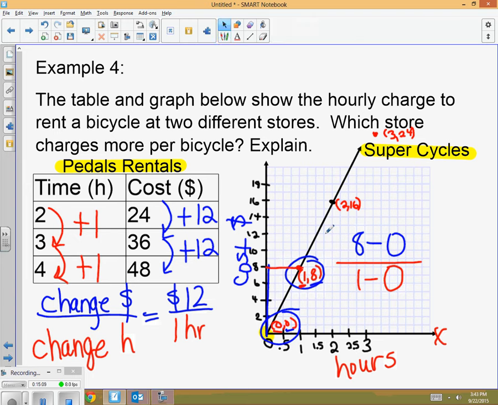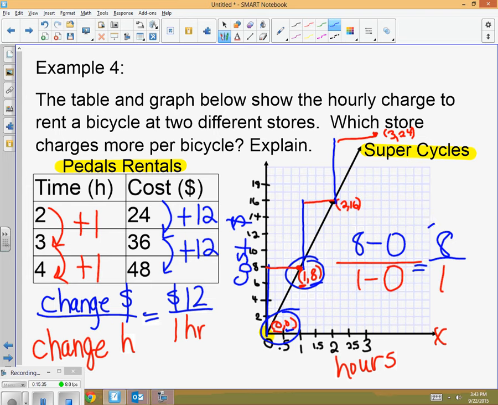So every time the graph has a vertical change, it goes up 8. And every time it has a horizontal change, it's going over 1 hour. So it's a constant rate of change of up 8 and over 1. 8 take away 0 is 8. 1 take away 0 is 1.